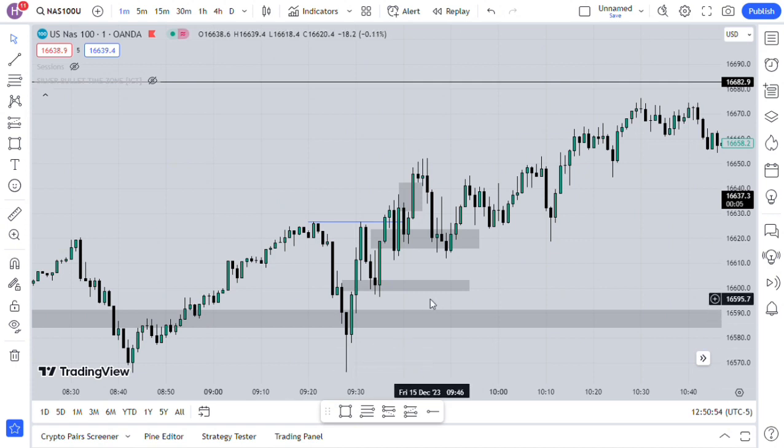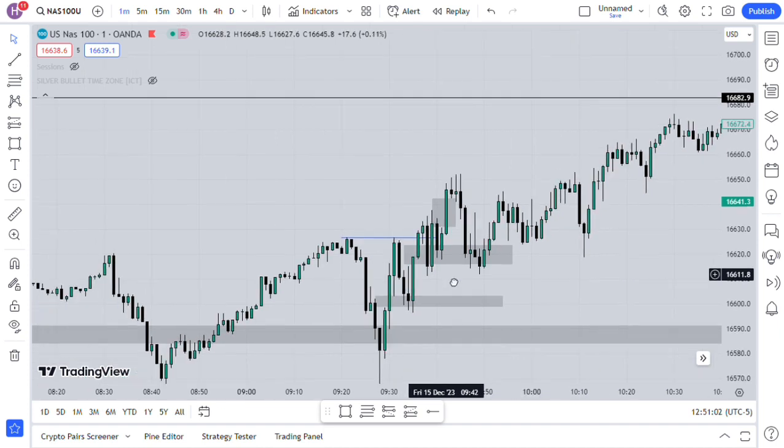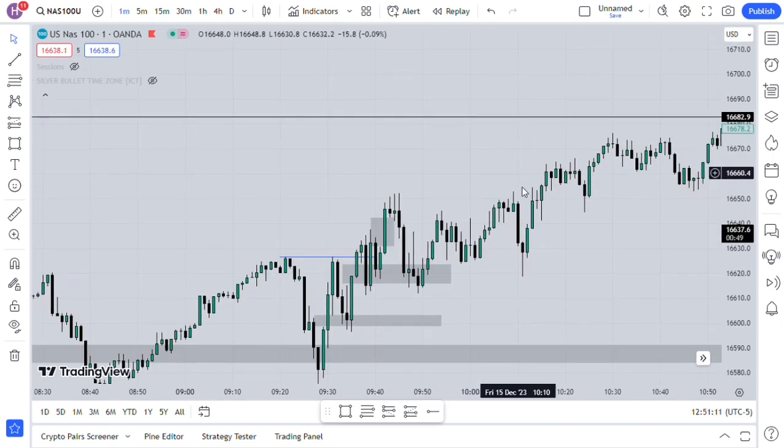There are always fair value gaps there, and you can use these concepts to get into your trades and make money with them. As you can see, the market retraced to this fair value gap, went up, retraced again, then went up more. As the price goes up, it leaves small fair value gaps.